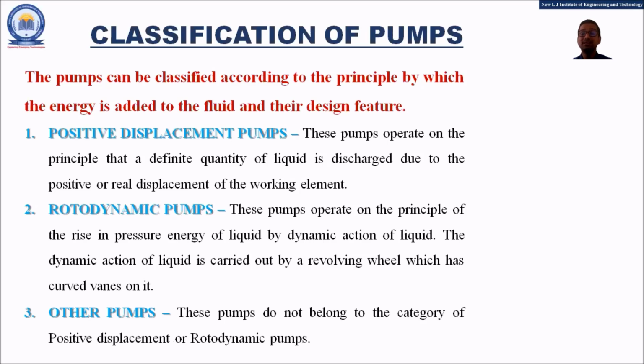So these are the two examples of the other pumps. The other pumps do not work on the principle of the positive displacement or the rotodynamic pumps. So this is the simplest classification of the pumps.